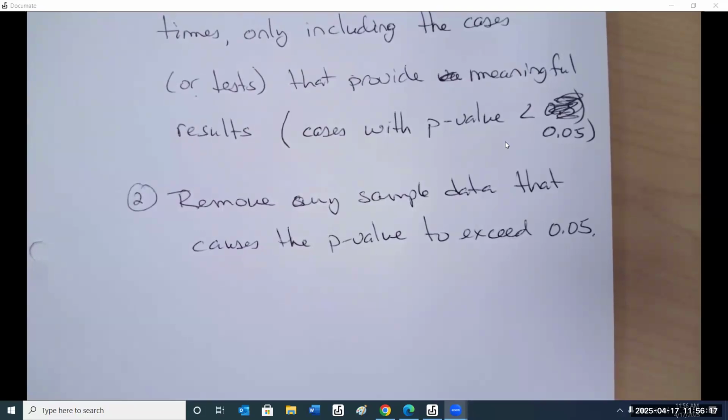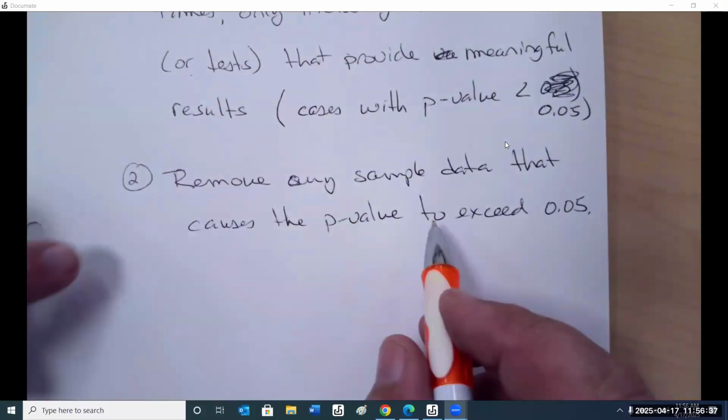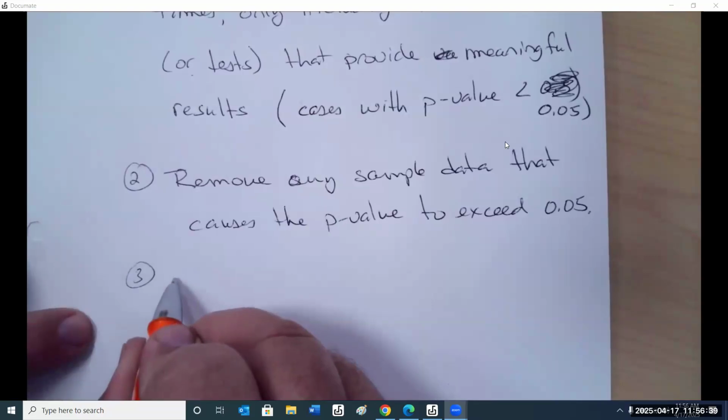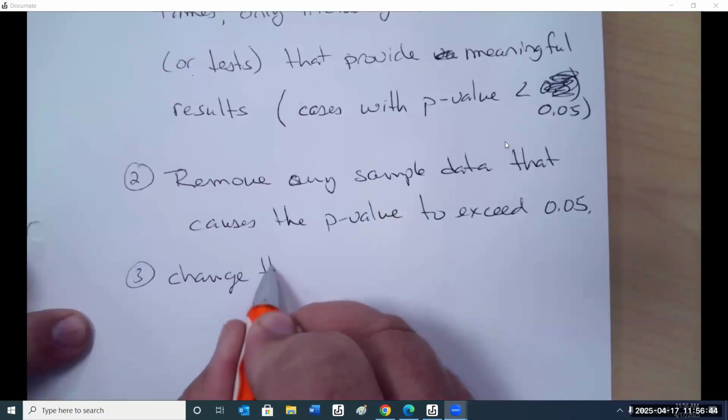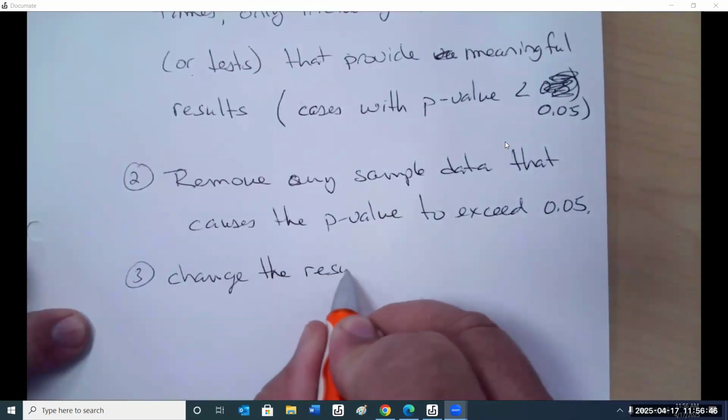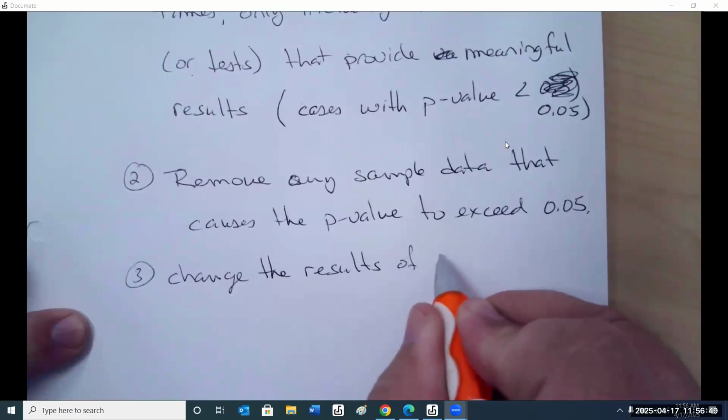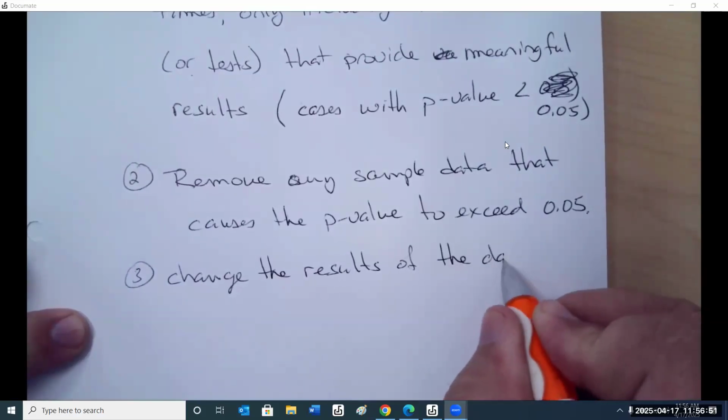Now, if it's not less than 0.05, that means some numbers inside there are making it bad. So what they do is they manipulate the results by changing the data, by moving the data. Get rid of some, and that's another one. Change the results of the data collected.